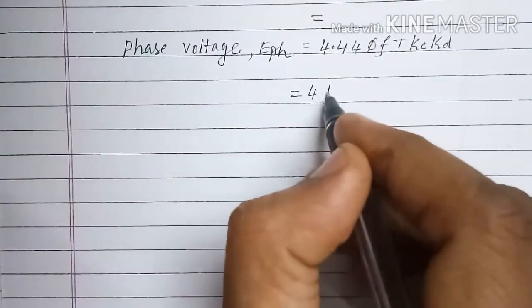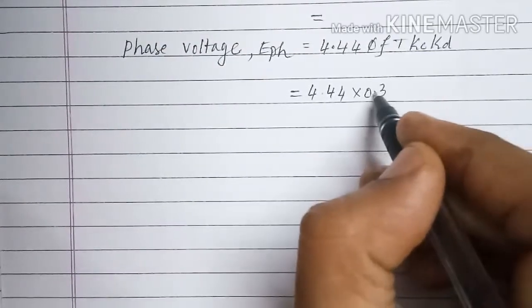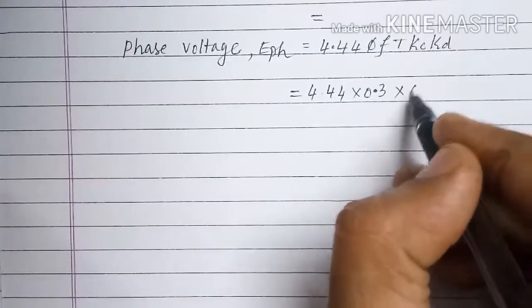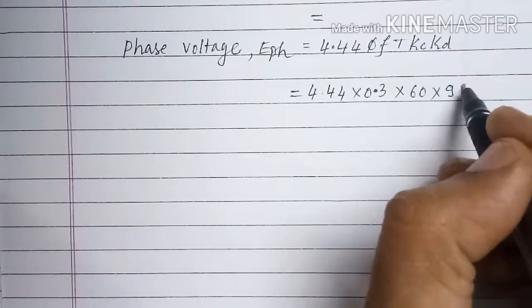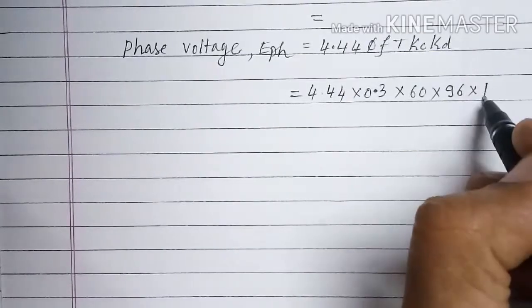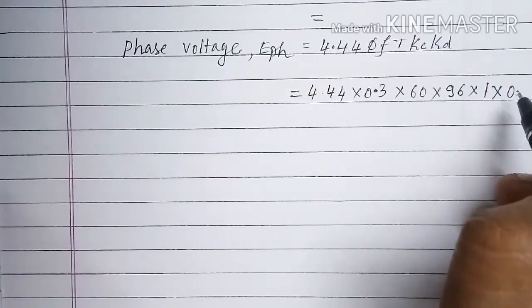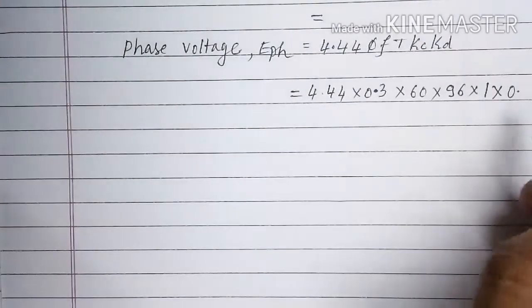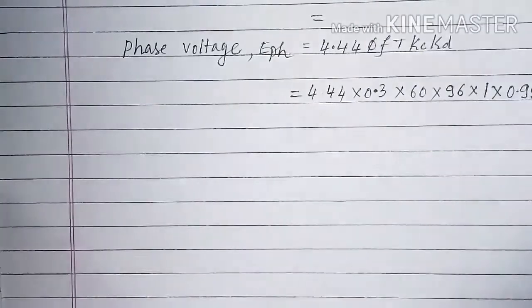That is 4.44 into 0.3 into 60 into 96 into 1 into 0.95.